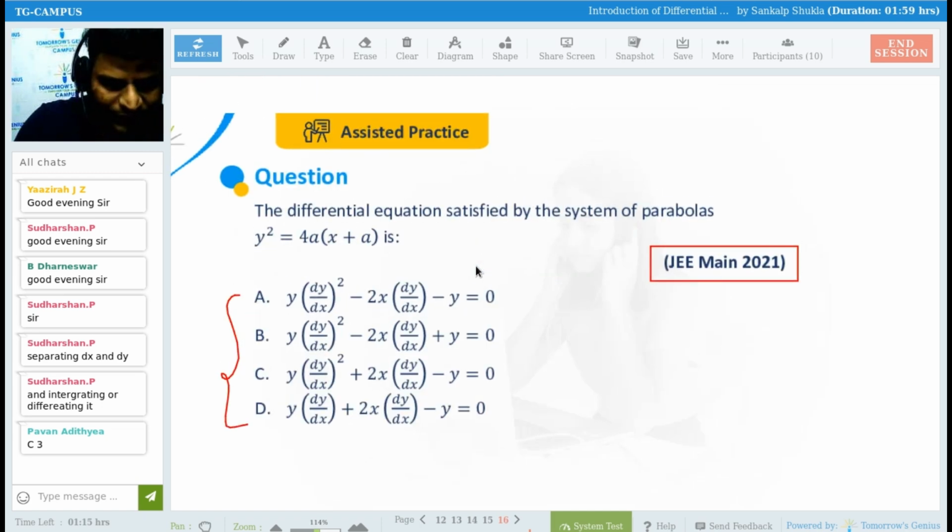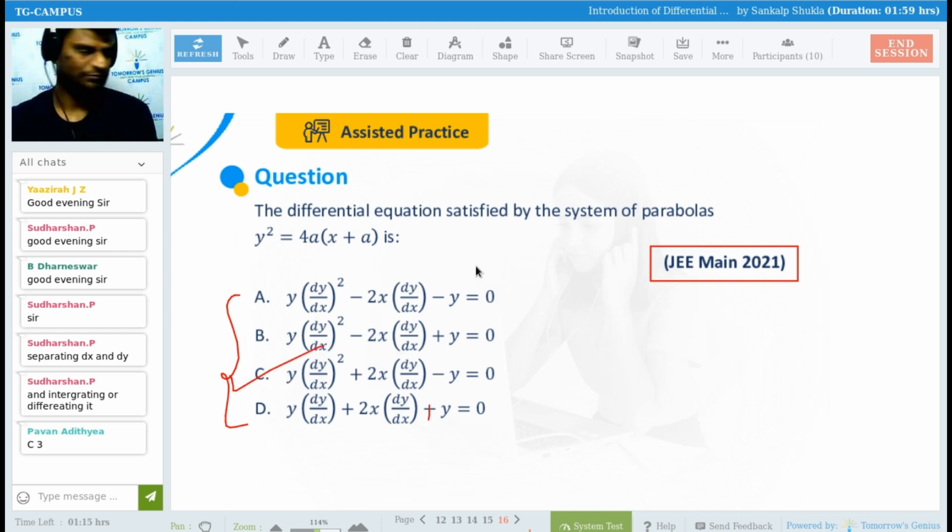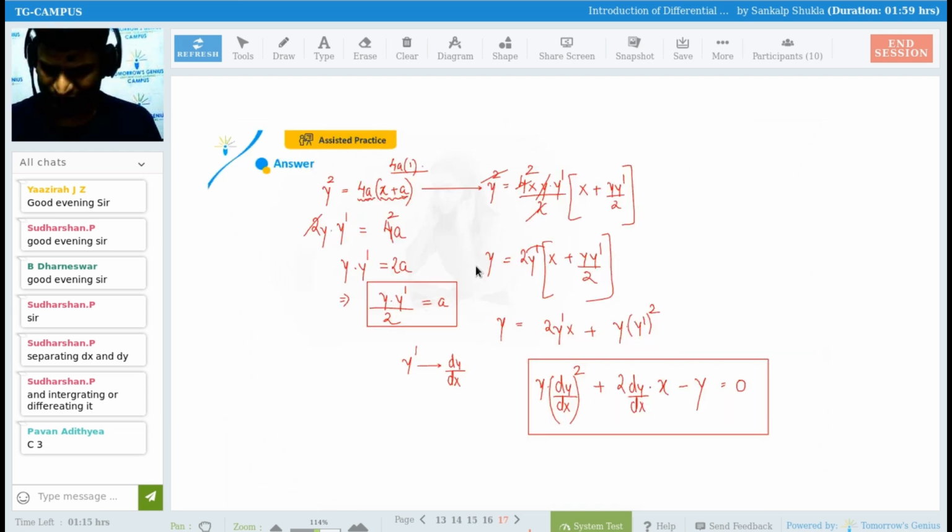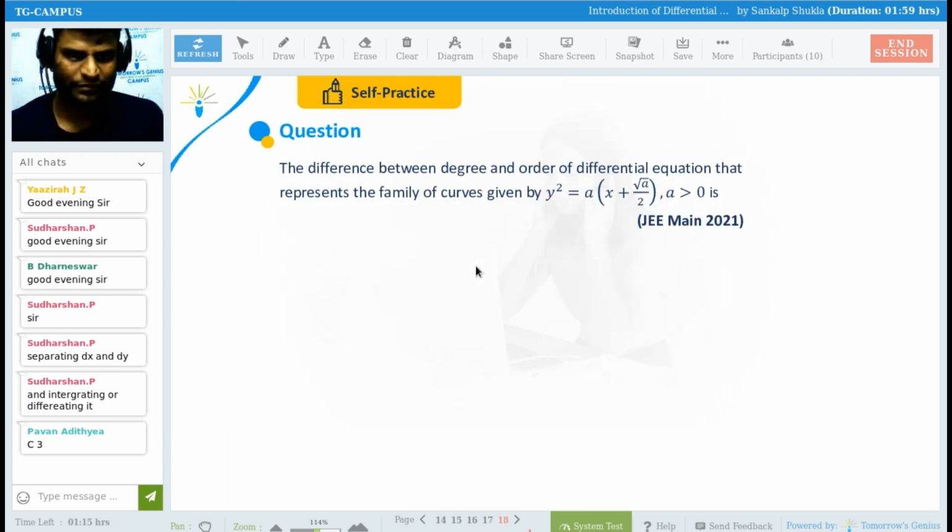Here this one is plus y and this one is minus y. So C is the answer. Got it? Have you guys noted this question? Done. Okay, so now try this one also.